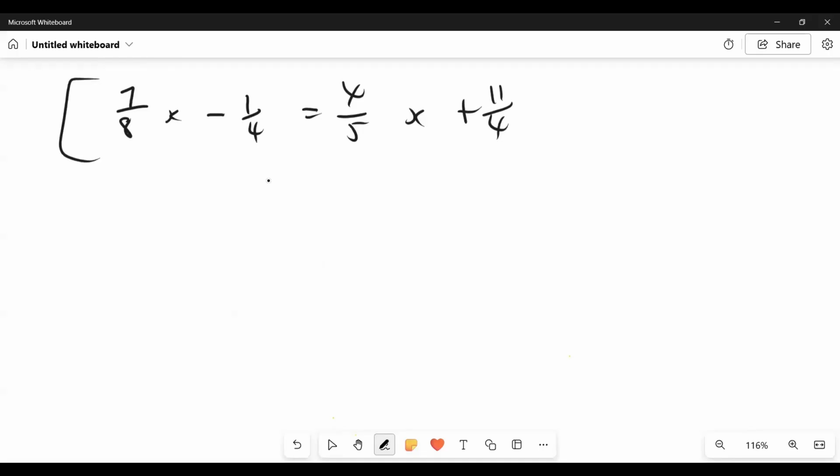Let's write it back. So you got 7. And as we said, we multiply both sides. Some people write it like this, by 40 being the LCM of everything, right? And when you multiply that, you'll get 35x minus 10, I think.